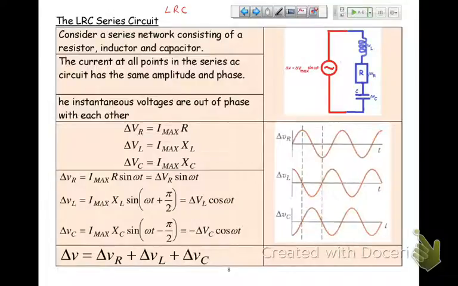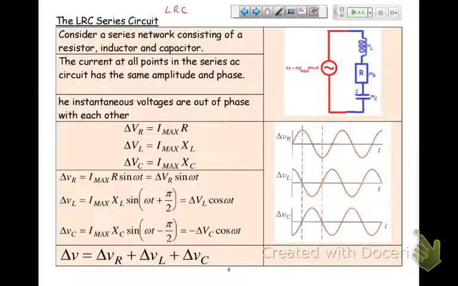And I call it LCR because in the phasor diagram, the potential difference across the inductor leads and the potential difference across the capacitor follows. So when I do my important calculation, I've got to take that into account vectorially. So by learning LCR, I learn the order of them.